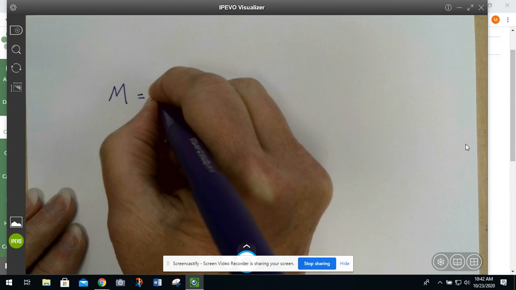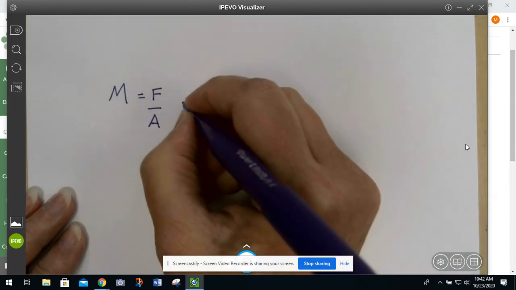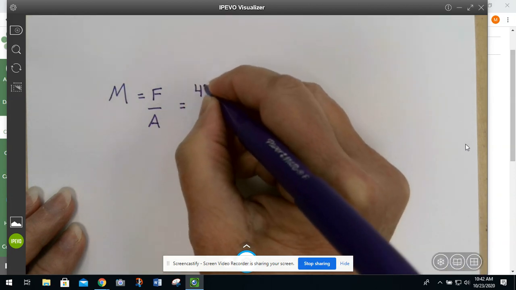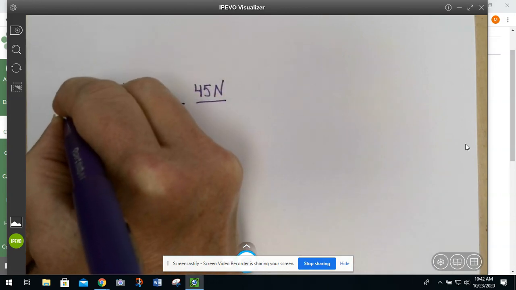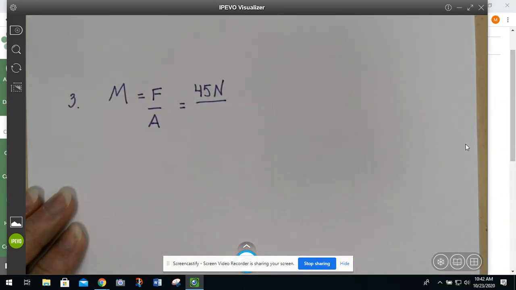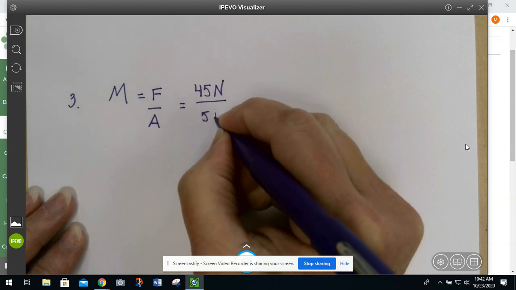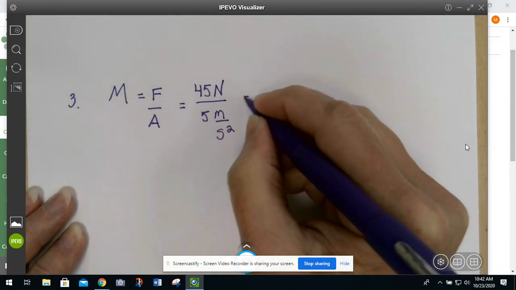I need to get the force and divide it by the acceleration. And the problem says that I have 45 newtons of force. This is problem number 3. And here's my acceleration, 5 meters per second squared.